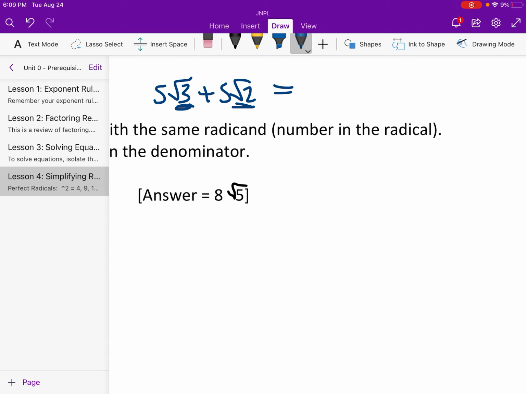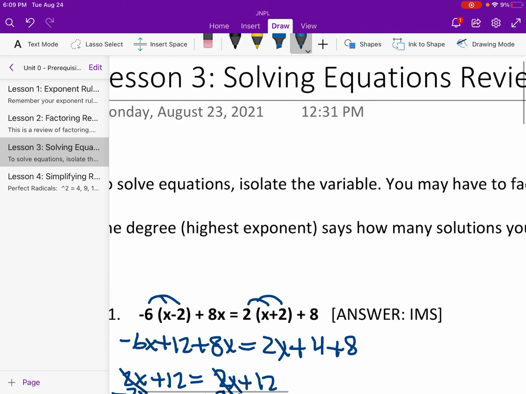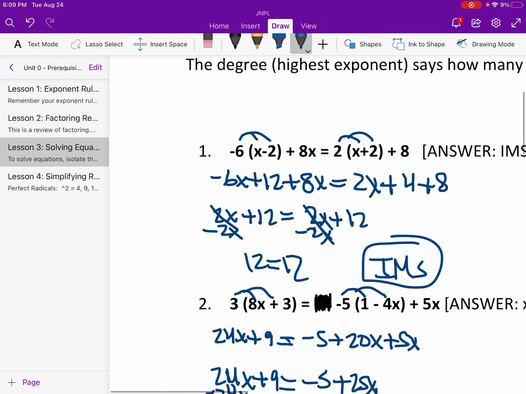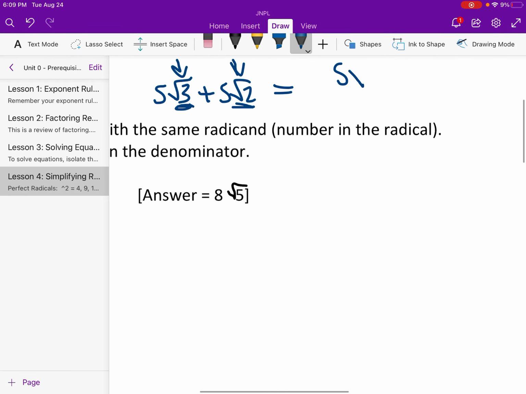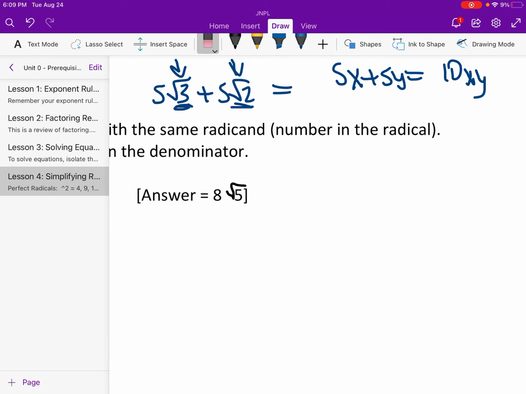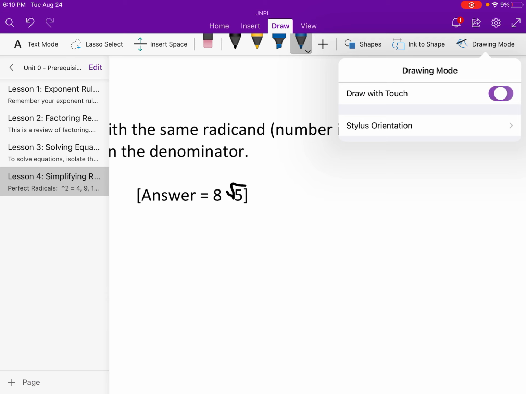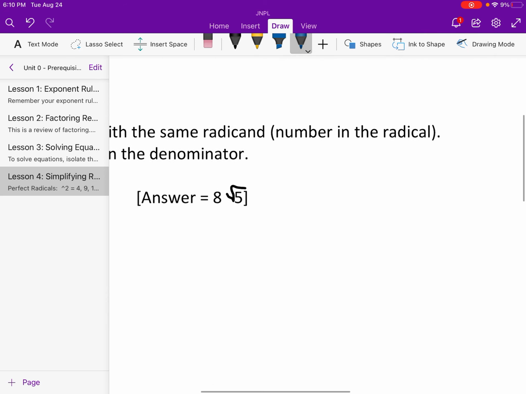You treat these like variables. So if you had 5x plus 5y, you wouldn't do 10xy. You can't do that, because they have to be the same. So keep that in mind.